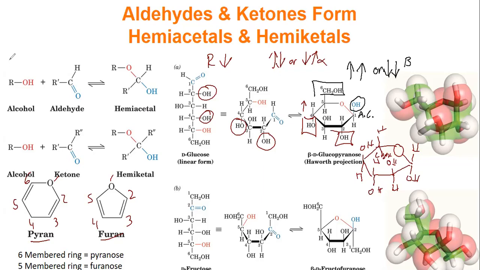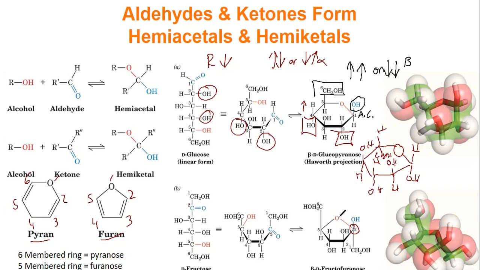But yeah, so you could say right side points down if you'd like. Okay, and finding the anomeric carbon. We're going to be using the anomeric carbon a ton in these next 2 lectures. To find the anomeric carbon, the carbon that used to be your carbonyl, you find the carbon that has 2 oxygens attached to it.